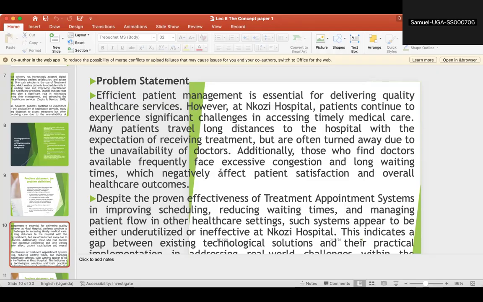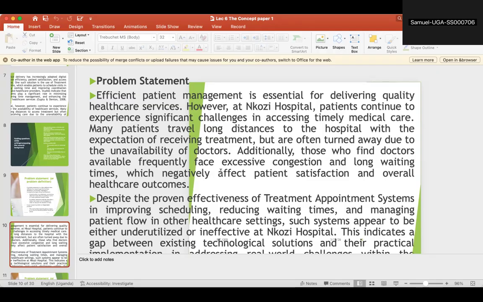That is what used to happen with ATMs, whereby you go to withdraw money, but you spend like 5 minutes. And indeed, you actually withdraw, but you have spent a lot of time waiting for just a small transaction. But then the moment you say efficient patient management is essential, you know that the timely management of your patients is very, very important. Proceed.